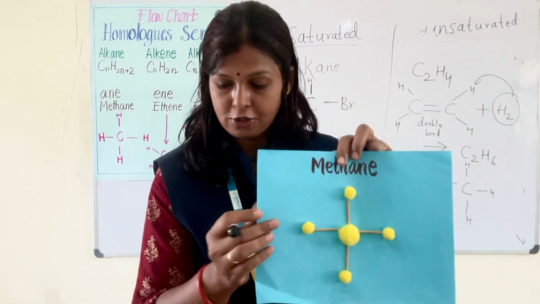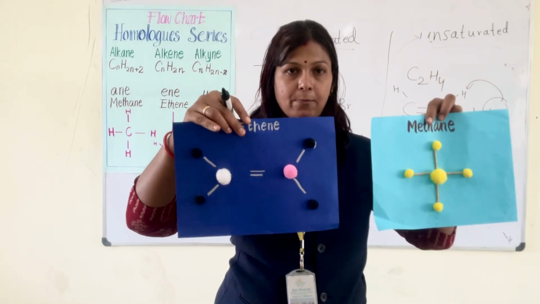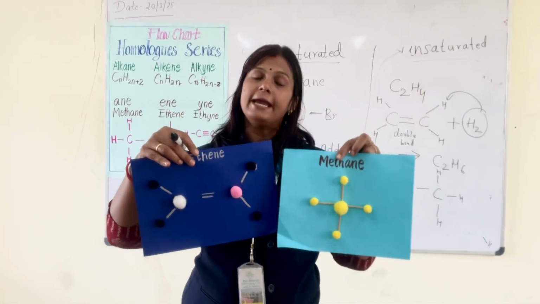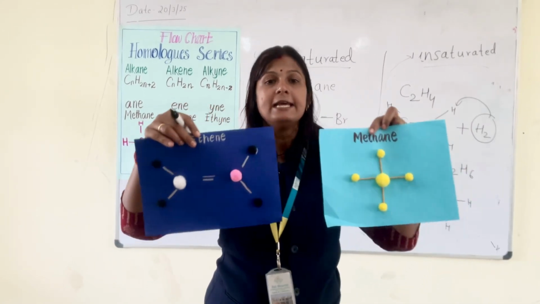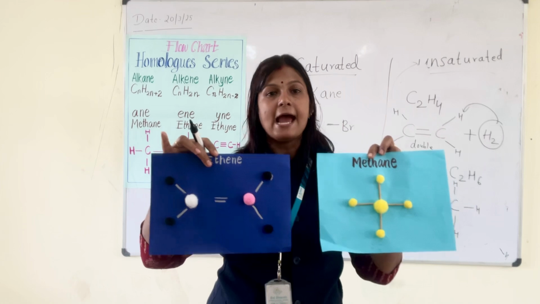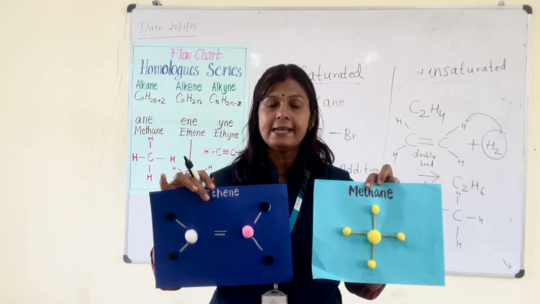So this is the structure of methane. This is the structure of ethene with double bond. You can see the 2 structures. You can make it in any form. You can make ethane, ethene, propane, propene to understand the sequence and the series of double bond and triple bond. Is it clear? Thank you.